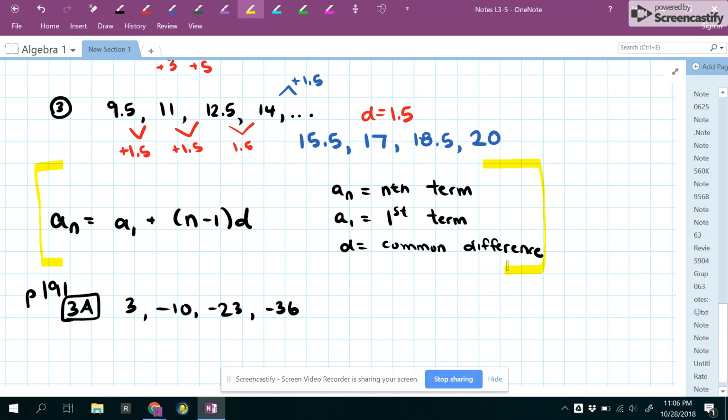So if you were on page 191, you would see these numbers: 3, negative 10, negative 23, negative 36. Is this arithmetic? Can you find a common difference?